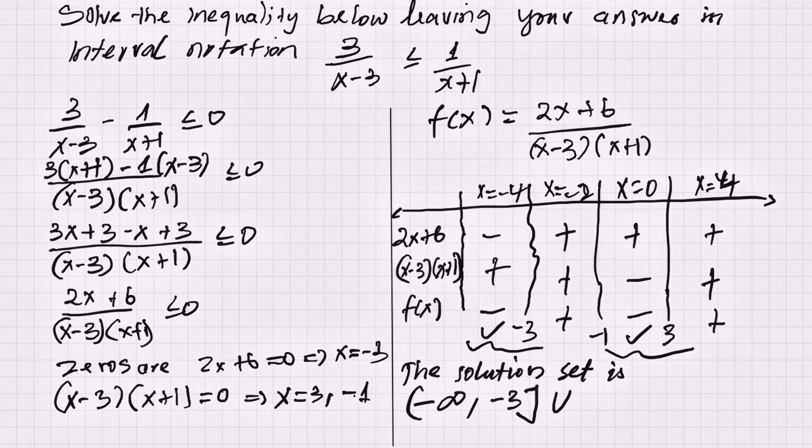Union, we have from negative 1 to 3. F of negative 1 doesn't exist, because if you put negative 1, the denominator will turn to 0, and that makes it undefined. So we will not include negative 1; we leave it open. And 3 also, we will not include 3. We leave it open. So that is our solution set.